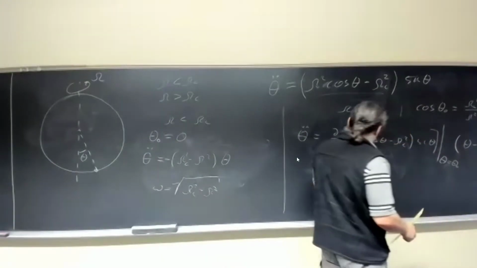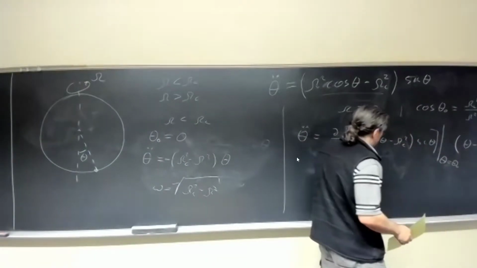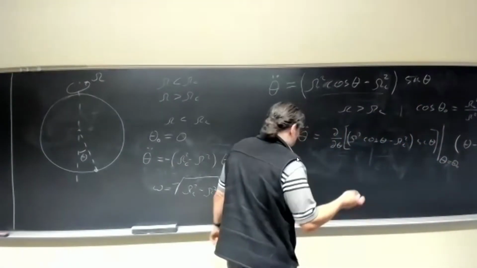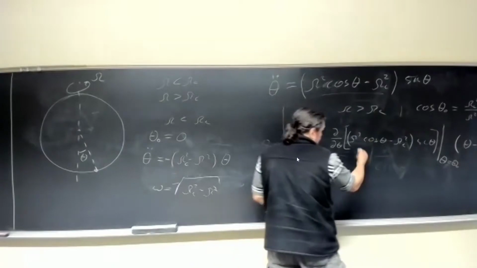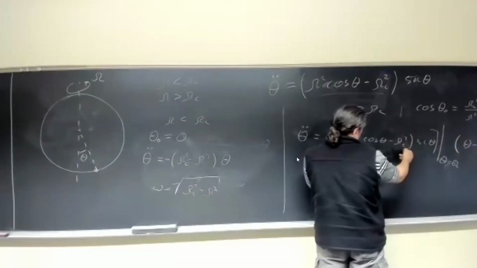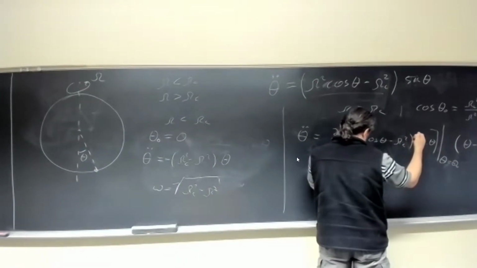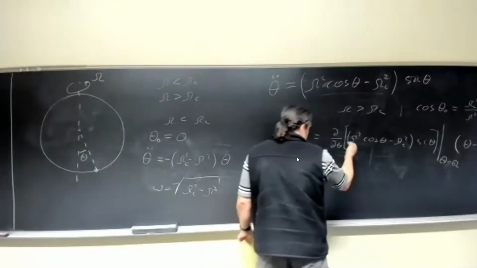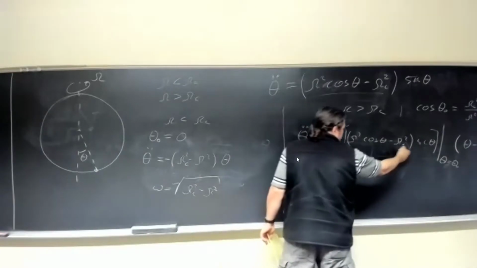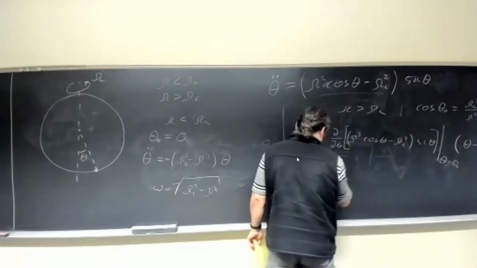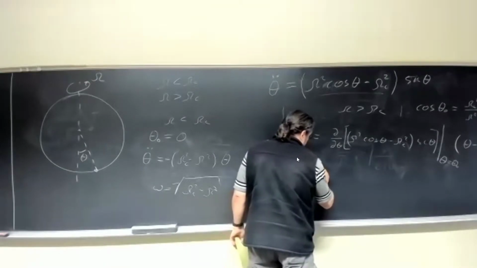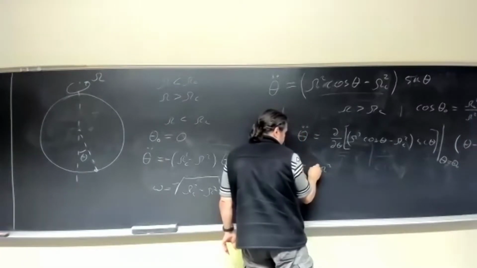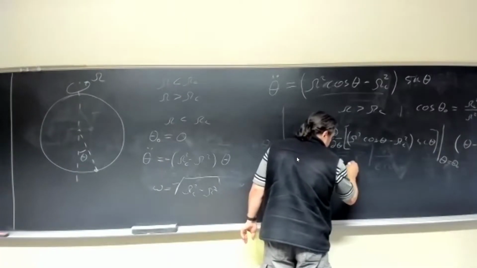So all I need to do now is to compute the derivative of this function and substitute theta equals theta naught. So let's do that. I take the derivative. What is that? A product of two functions, so I know how to take the derivative of a product. I need to differentiate first this one, and here is only cosine. So I have omega squared, and the derivative of the cosine is minus sine, so it's minus sine theta.